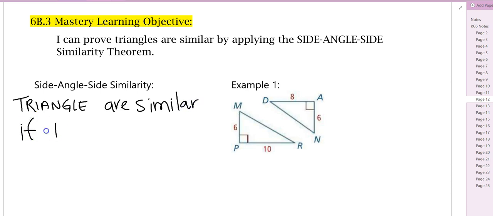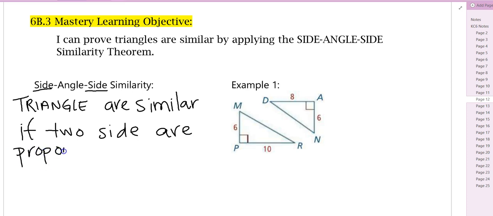If two sides, notice we see a side and a side, are proportional, because that's the way we prove if they are congruent. We have to set up those ratios.